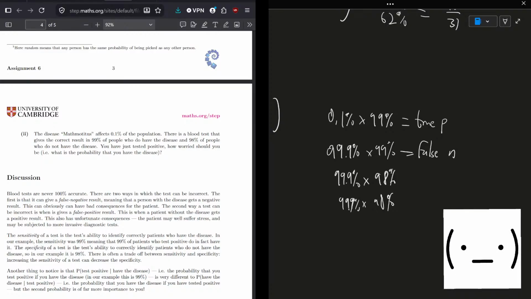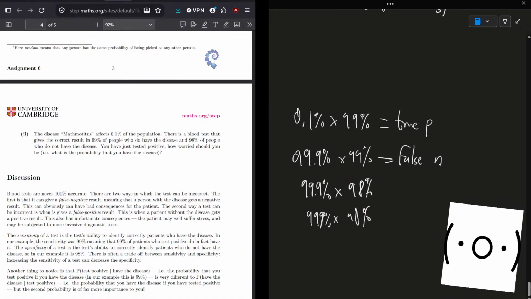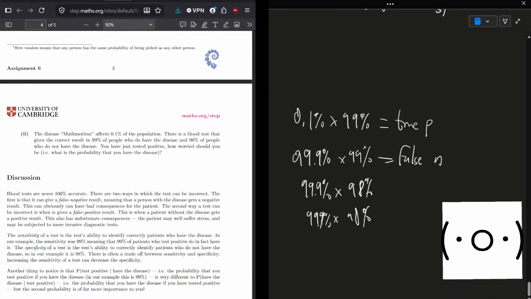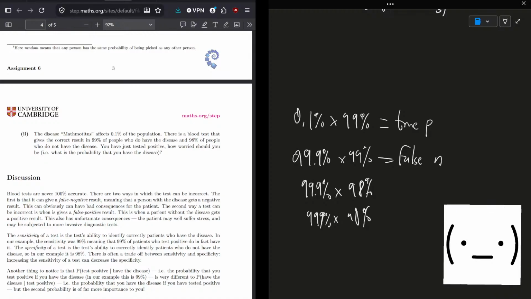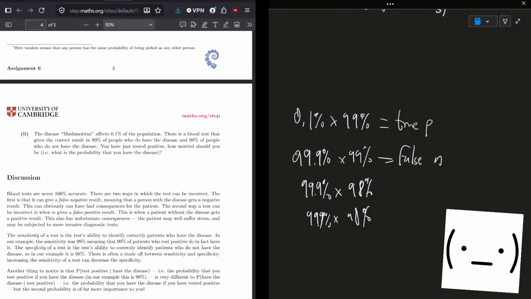Wait, what are we doing? Okay, I've written this wrong already, I feel like. So true positive is pretty easy, right? It's just the percentage of people with the disease and with a test as 99% because they do have the disease.